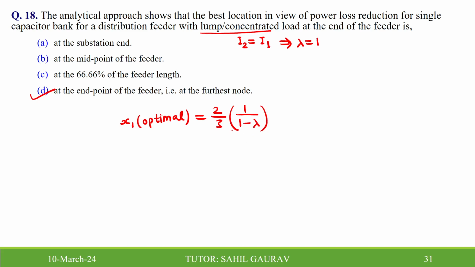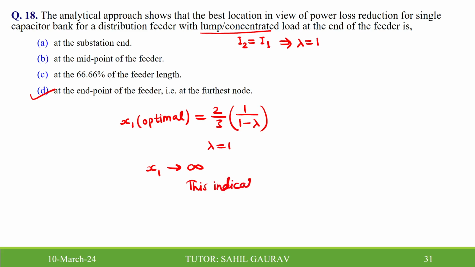So if you put lambda equal to 1, then x1 tends to infinity. So this indicates the end of the feeder.